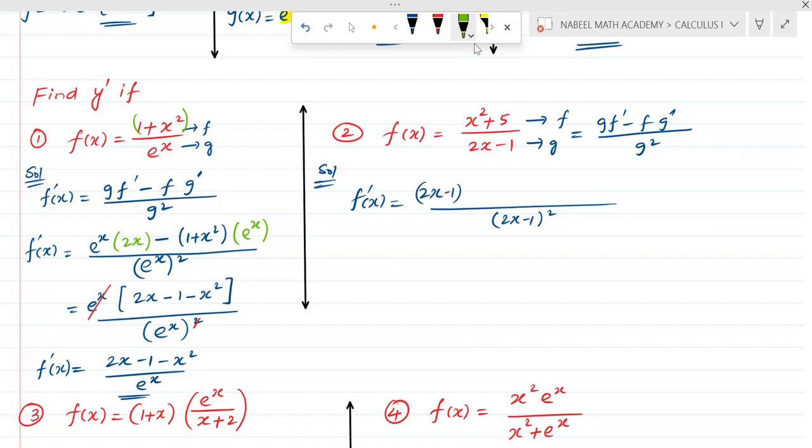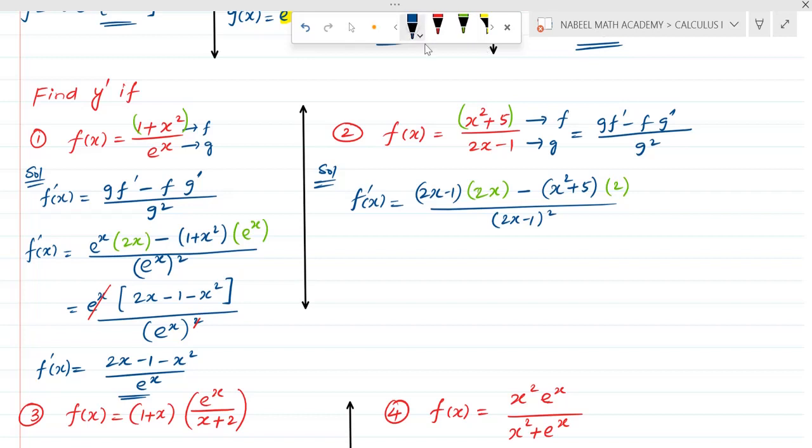What is the derivative of the numerator? This is 2x, minus x square plus 5 is fixed. What is the derivative of g? It is 2, because the derivative of 2x is 2, and minus 1 becomes 0.